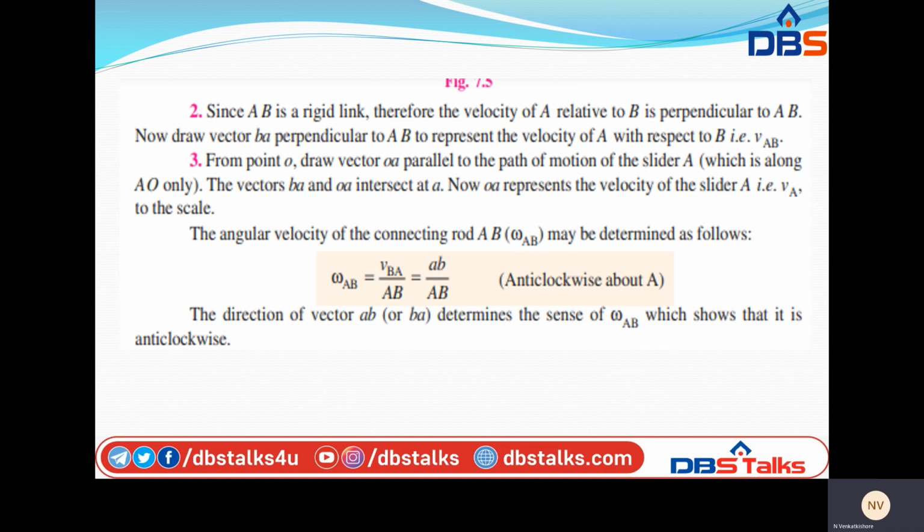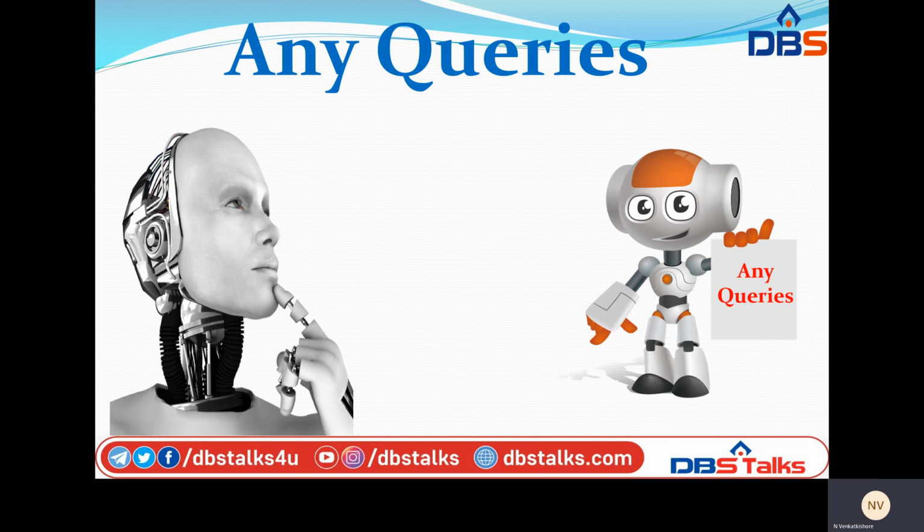So in this class, we discussed the relative velocity to find the velocity in mechanisms when two bodies are in the same line or parallel straight lines, the velocity of points A or B with respect to one another.